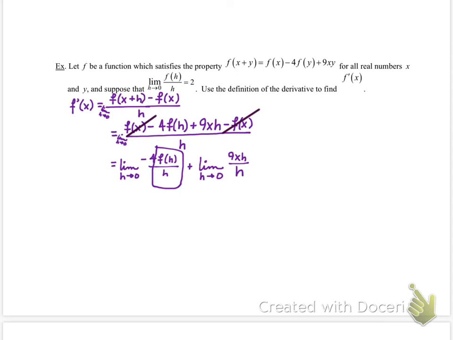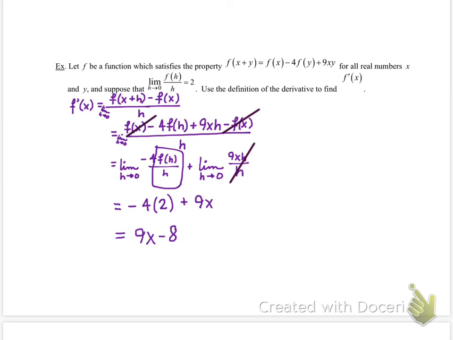So when you take the limit, you get -4 times 2. And on the next piece, those h's will cancel, and you're left with 9x. So your entire answer is 9x minus 8.